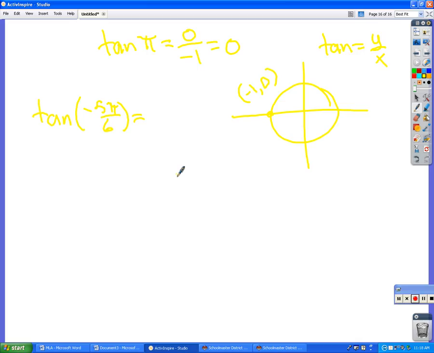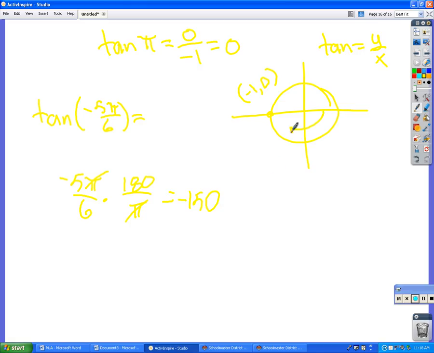Well, first you have to find the point on the unit circle. How many degrees is negative 5 pi over 6? I need to multiply that by 180 over pi. The pi's cancel. 6 goes into 180 how many times? 30. 30 times negative 5 is negative 150.